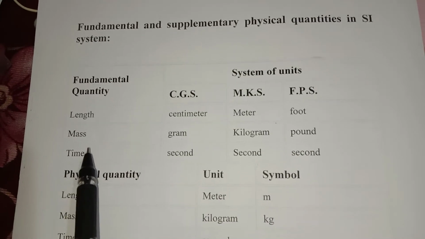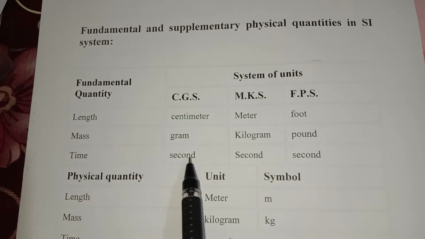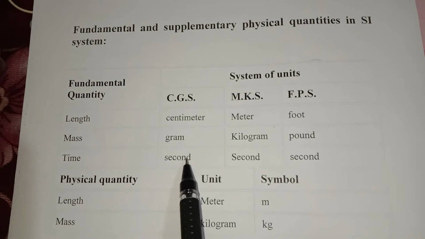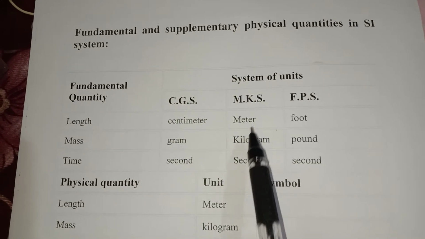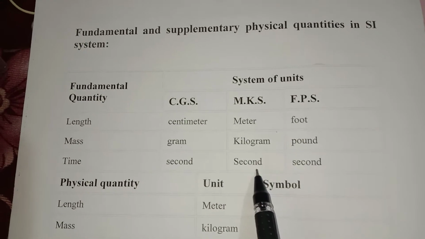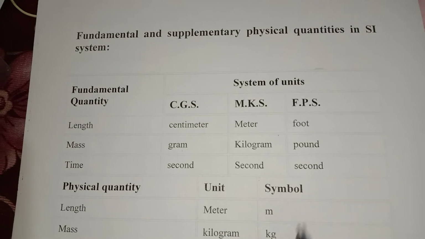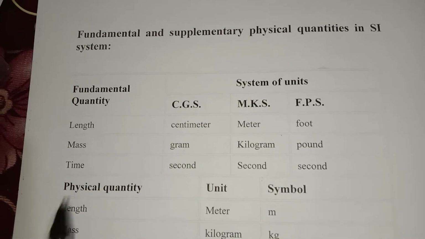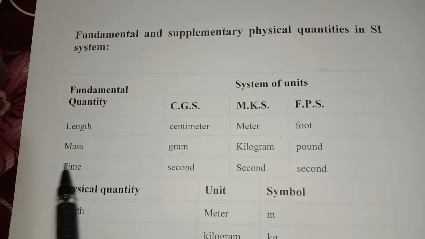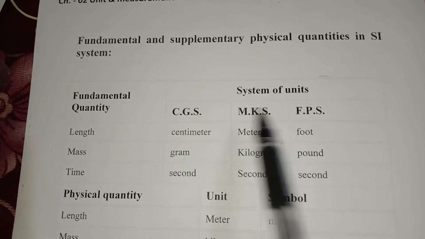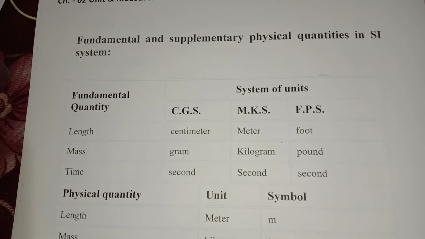And now if you want to measure the time in the CGS system, then it is represented by second, and in the MKS system the unit of time is second, and in the FPS system the unit of time is second. So this is the exception in which the unit of time is the same in every system of units.